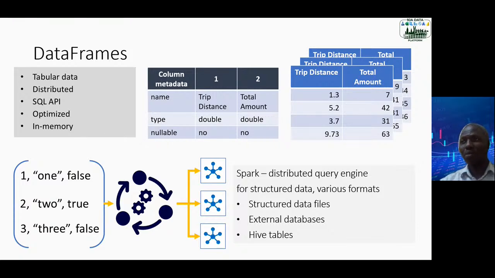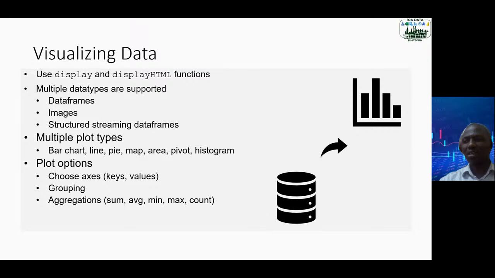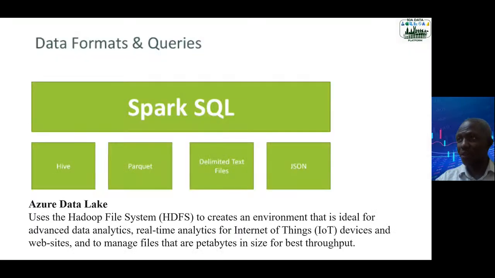So a data frame, if it's tabular, distributed, SQL, that is the better format for performing our machine learning operations. Then this data store can be connected to maybe Power BI, some other way to see the data. Even during the experiments, you can see the output of how the data are performing.